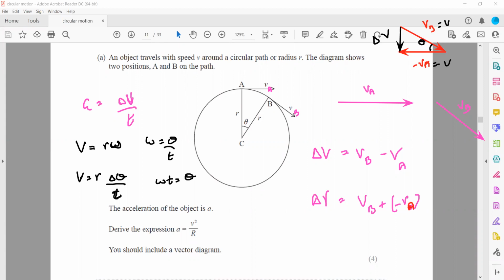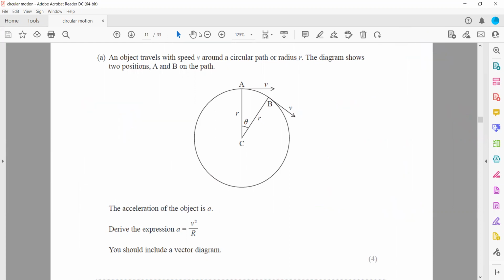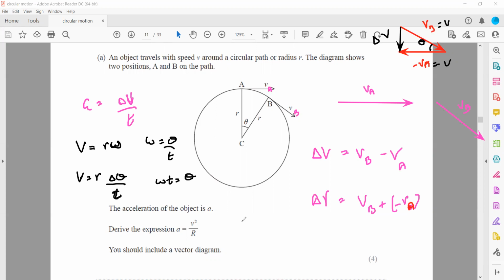If I use a trigonometric ratio in a right angle triangle, for example sine theta or cosine theta, sine theta is equal to perpendicular divided by base. So it will be change in velocity divided by either VA or VB.